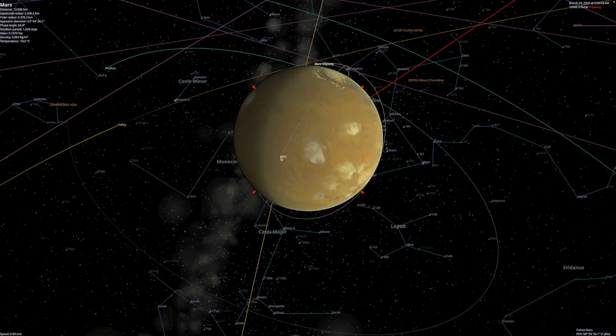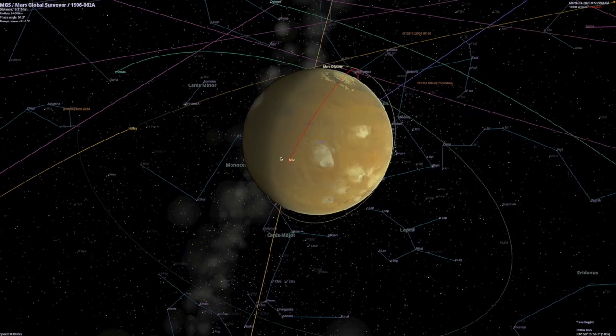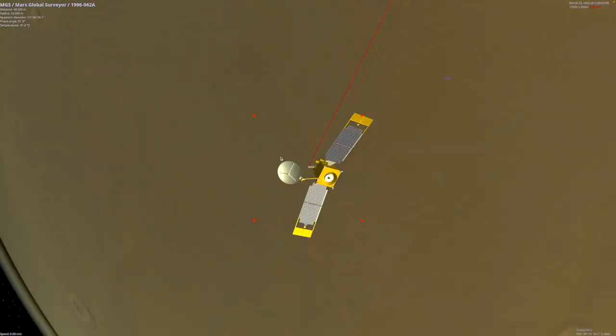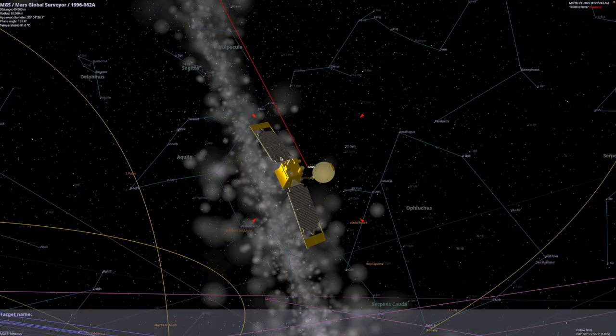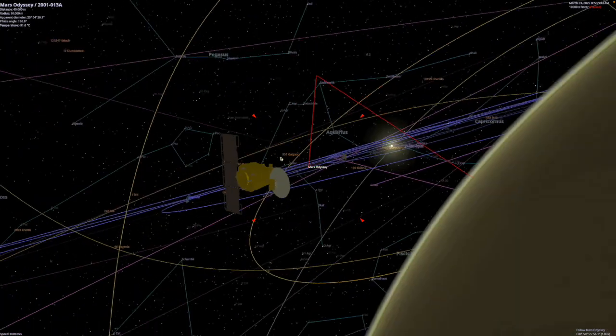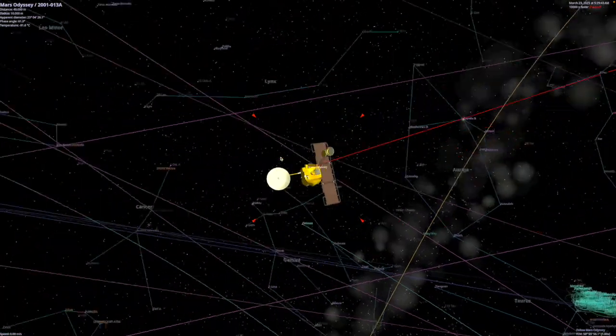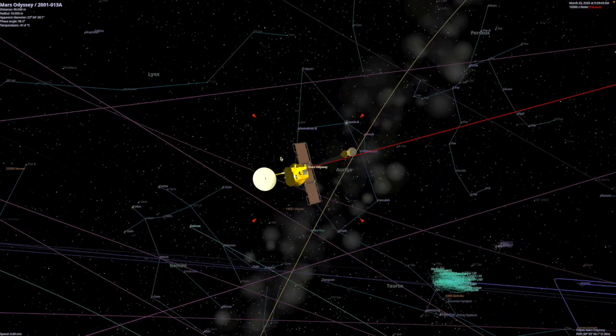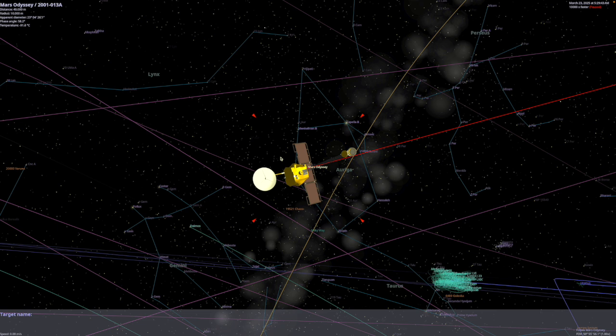But what I was going to say is that we do have the spaceships orbiting around it. We have the MGS, the Mars Global Surveyor. Here it is. And we have the Mars Odyssey. It also orbits around Mars. They look pretty similar, and this one has a long thingy. I like it. And Mars has 2 moons, and they're both very small.